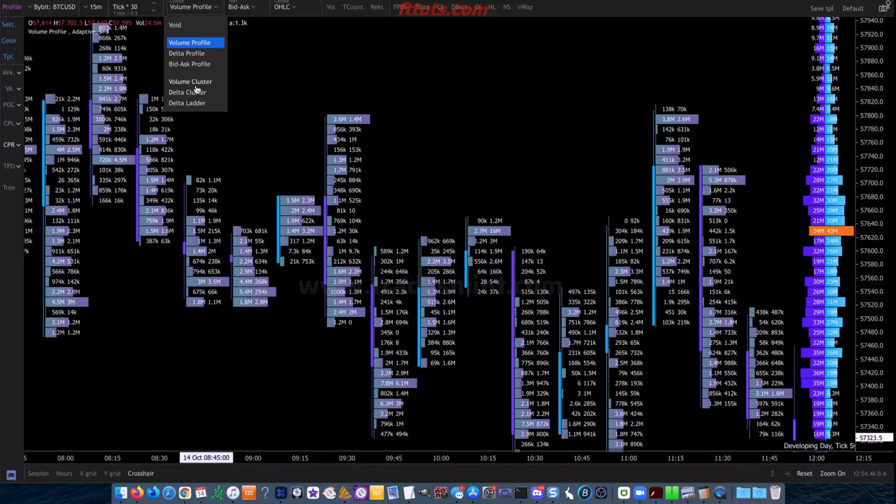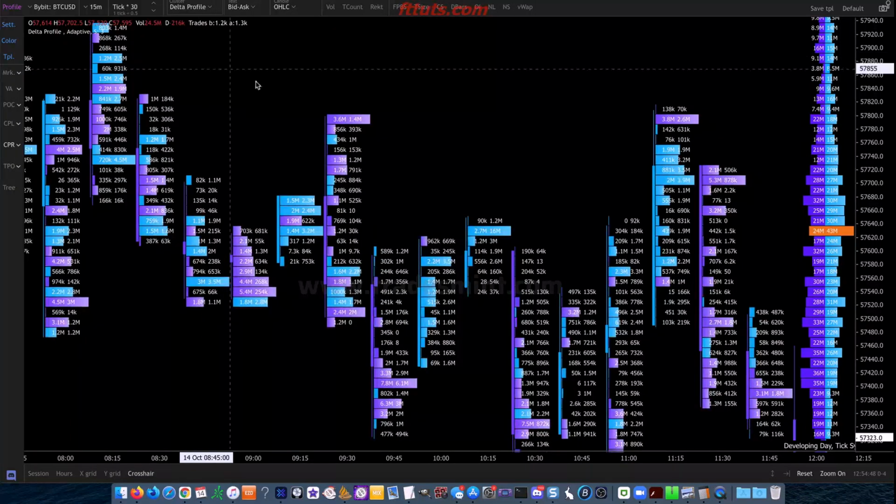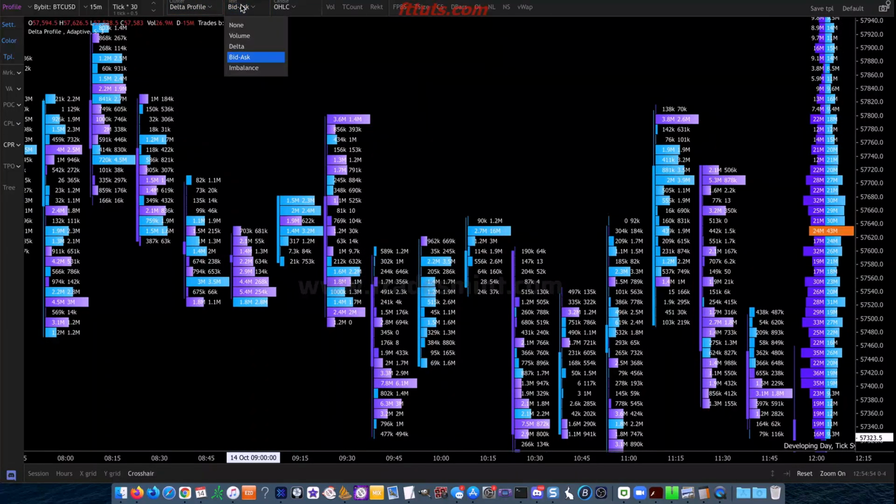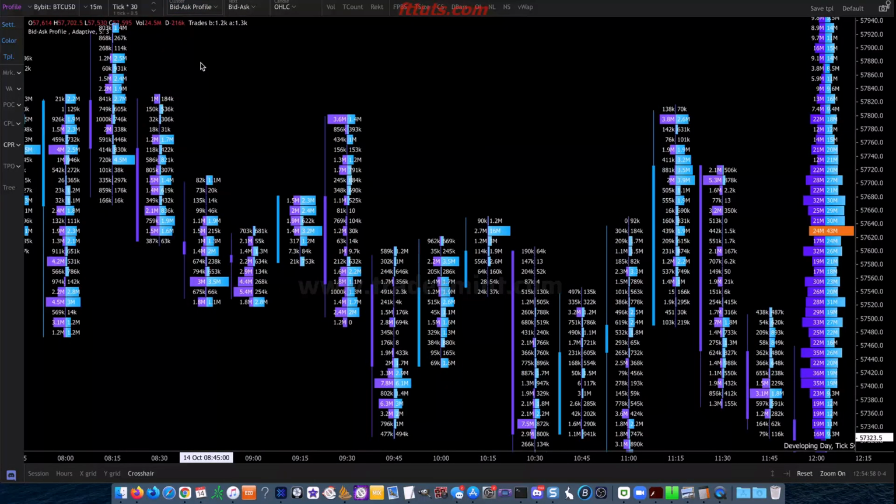Okay, these clusters, they're different than profiles. The profiles will give you bars depending on how much there was. So, for example, let's do the bid-ask profile. We have the bid-ask profile, which is showing us in these bars how many more sells there were than buys.